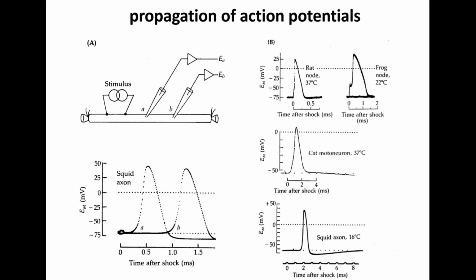So you see for rat, for example, it only goes up to plus 25 millivolt. For frog, it goes up to plus 30 millivolt. And it looks like the rat is a little bit faster as compared to squid.